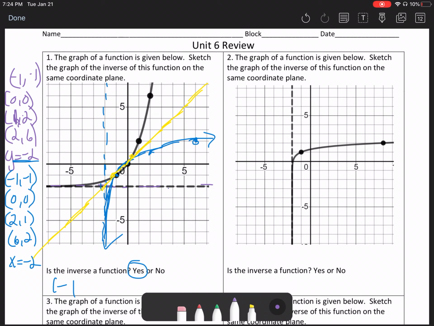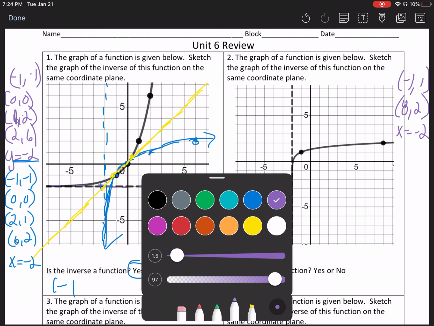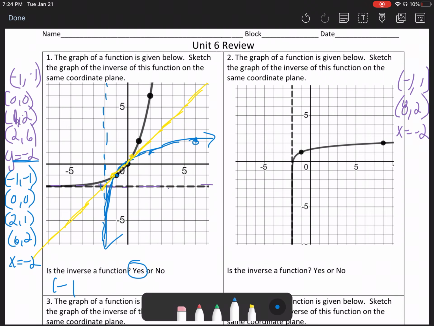So going to number 2, I'm going to go through the same thing. It's -1, 1. And it's going to be 8, 2. This one also has an asymptote, but instead of y equals, it is actually at x equals -2. There are other asymptotes besides at -2, it's just that these two examples happen to have those.